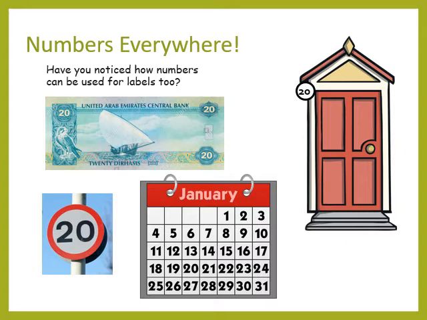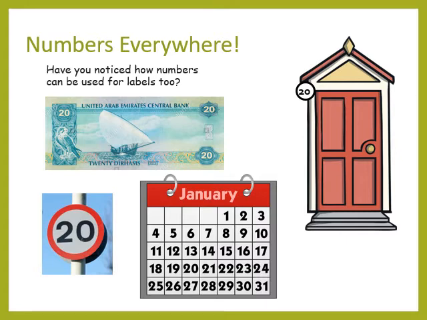If you look at the sign, the circle sign, that means the speed of the car, you cannot go more than 20. And look at that piece of money, okay? It's a 20 dirham. So there's 20 on it. That's 20 dirham. So we use numbers for money. We use numbers for traffic on the road.